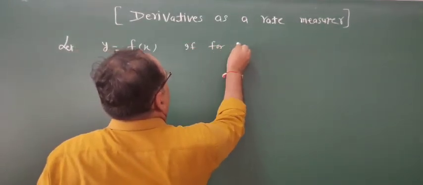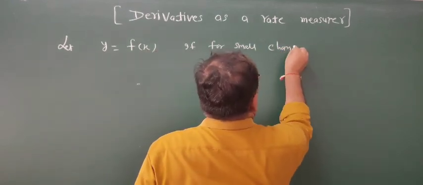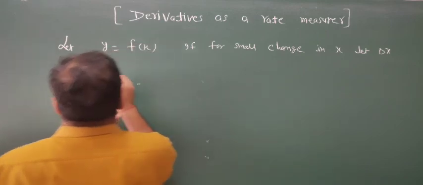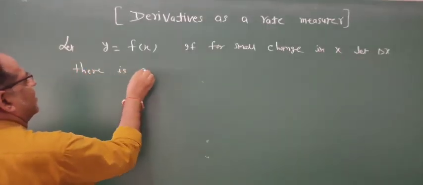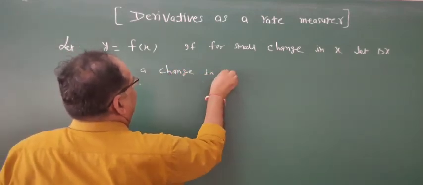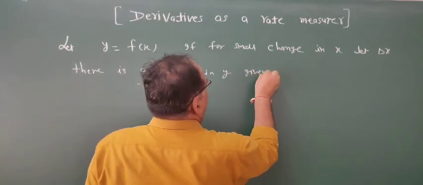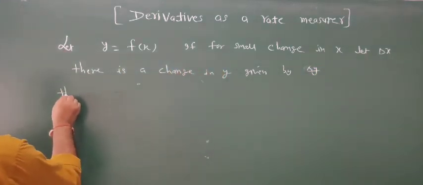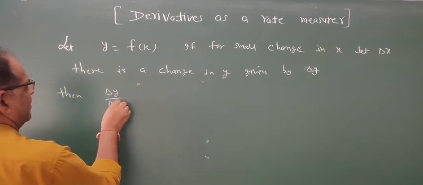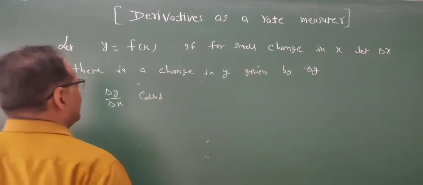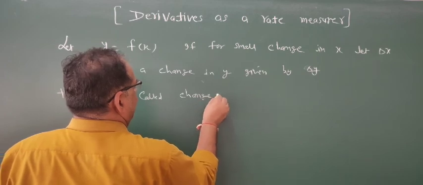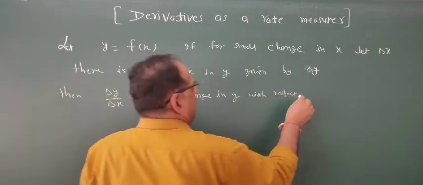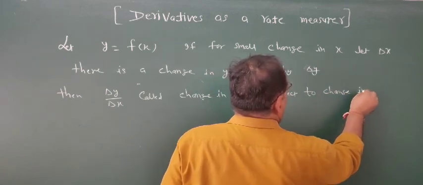If for a small change in x, let del x, there is a change in y given by del y, then del y upon del x is called the change in y with respect to change in x.